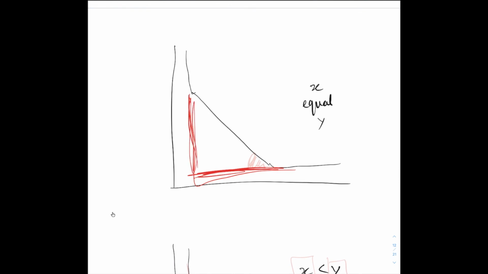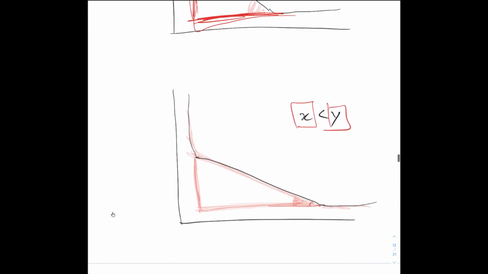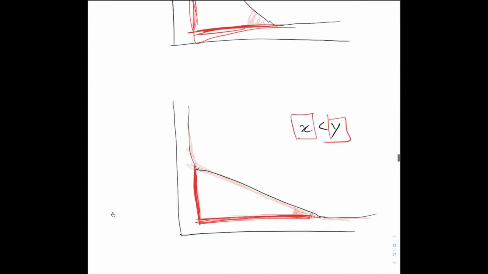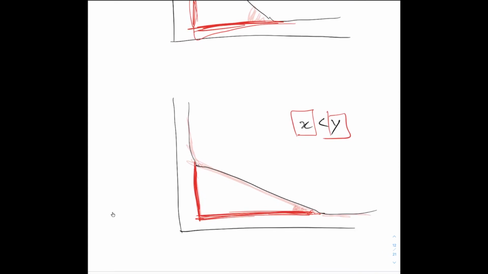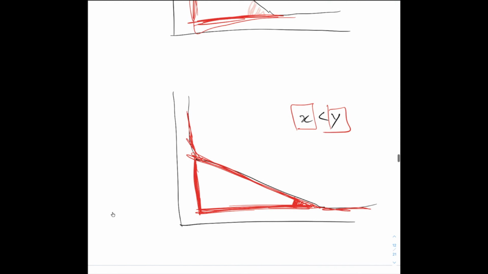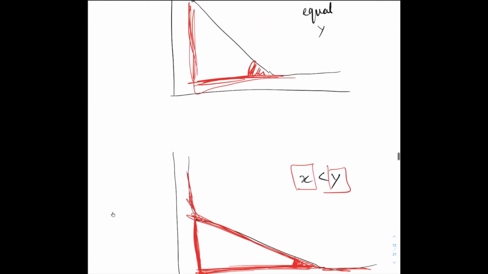Now, if you want X less than Y, this is the amount of Y you get for this much X, which means you have to provide more X for the same amount of Y. Then effectively this is the portion where it is flat, and then again it curves over here. So this angle effectively determines the slope. The ratio between this and this is what determines the slope. Over here, this is the slope, and over here, this is the angle of the slope.